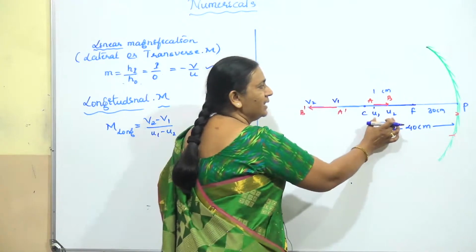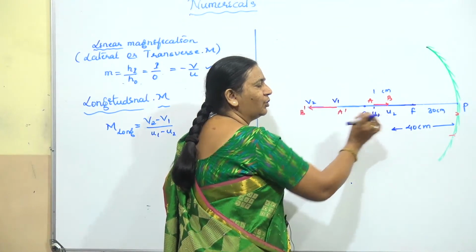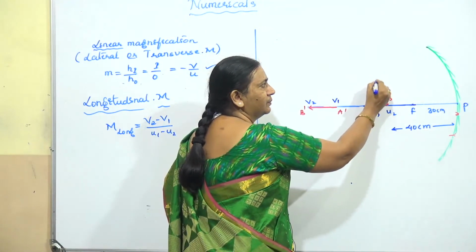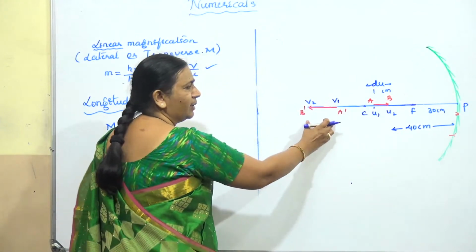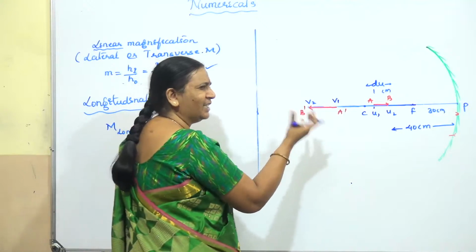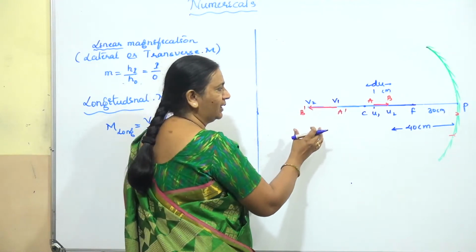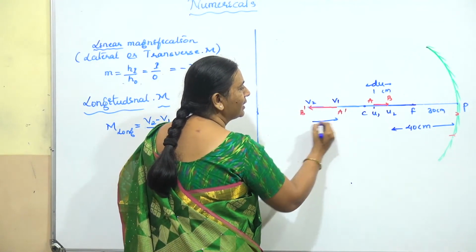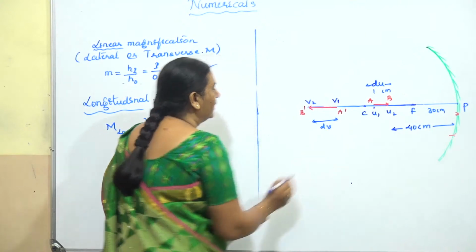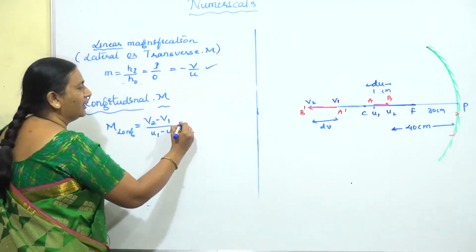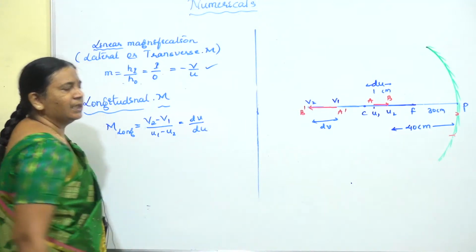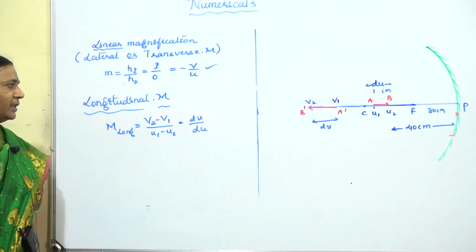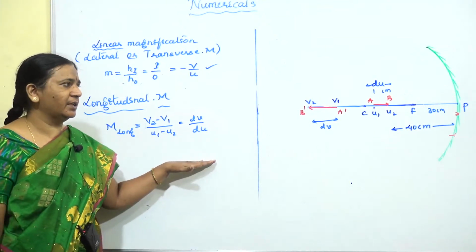Then U1 minus U2 I can call a small length du, and the image also becomes small compared to the magnified one, so I can take it as dv. So in this case it becomes dv by du. Hope this much is clear, children.